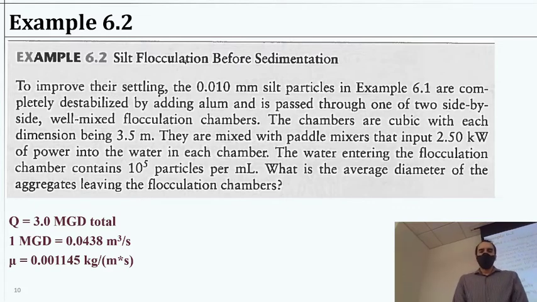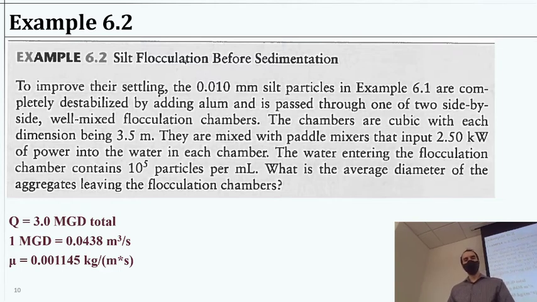They are passed through one of 2 side-by-side, well-mixed flocculation chambers. Chambers are cubic, with each dimension being 3.5 meters. They are mixed with paddle mixers that input 2.5 kilowatts of power into the water in each chamber. The water entering the flocculation chamber contains 10 to the 5th particles per milliliter.